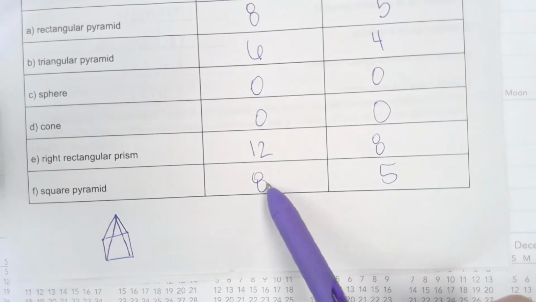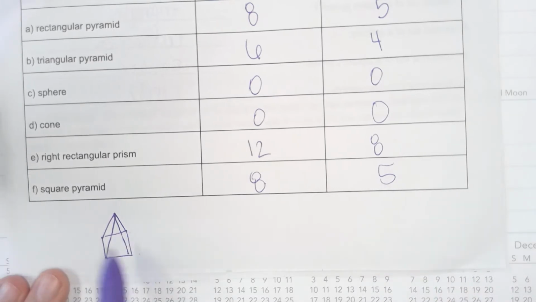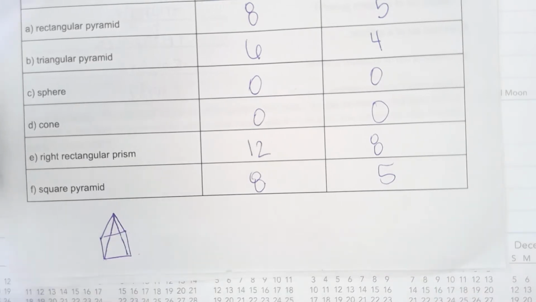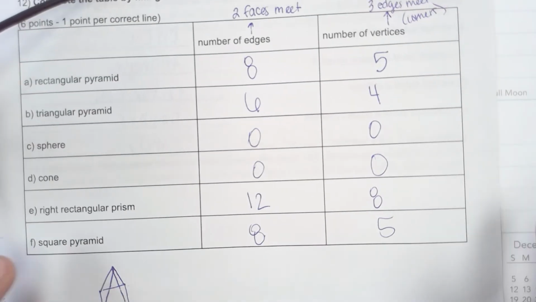So that's why there's 8 edges, and then your vertices would be the 4 corners on the base plus the apex at the top. Okay, so sometimes maybe drawing them can help you, or just visualizing what the object looks like could help you as well. But you guys will have to know those for your test, okay?